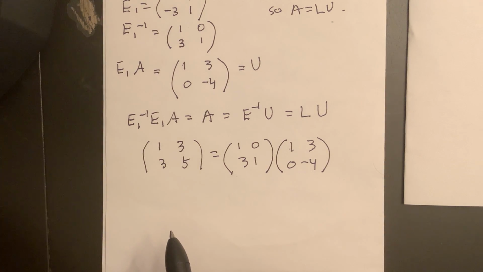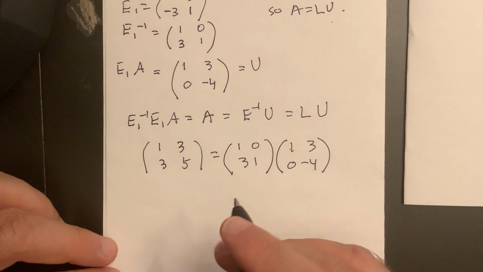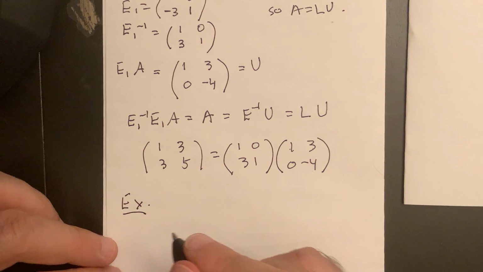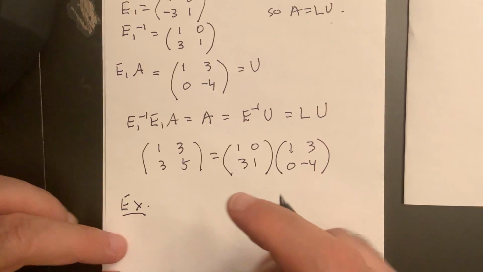All right. Well, what now? I think now I want to maybe do another one like a 3 by 3 one. So for example, actually, let's go back and use the example we had.